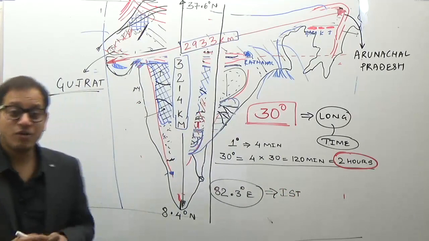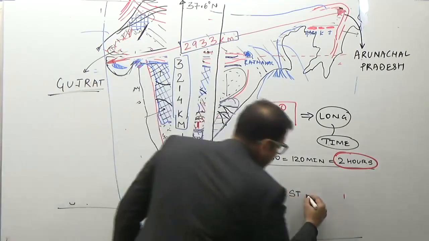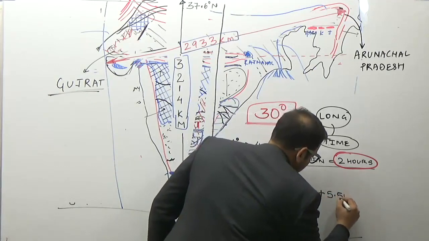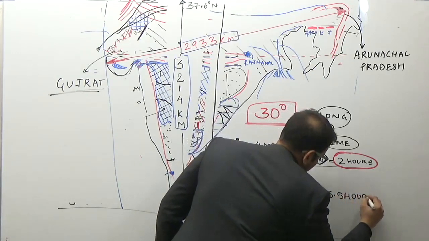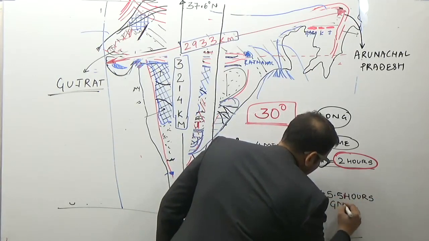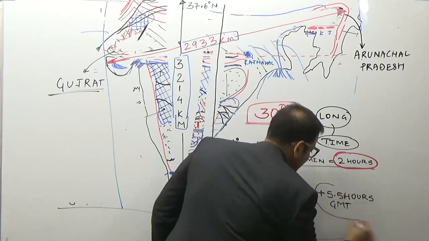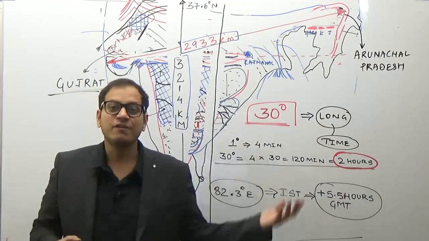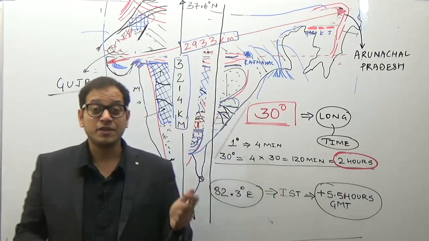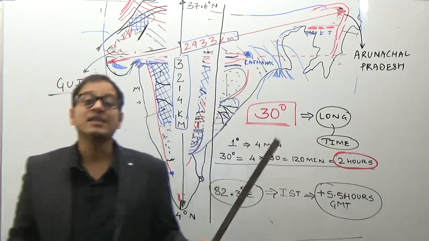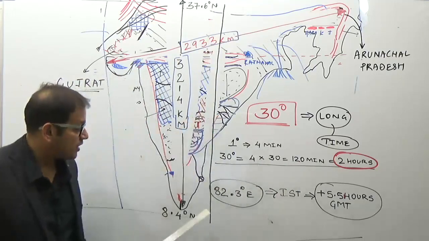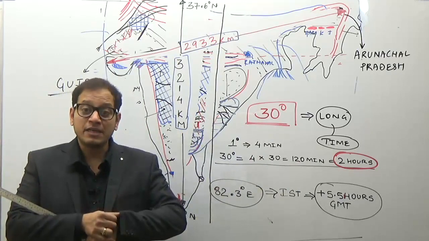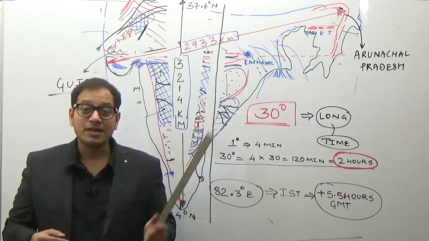The Indian Standard Time is 5.5 hours ahead of Greenwich Mean Time or World Time. So if it's 1 o'clock in London, our clocks on the basis of this 82.5 degree east are 1 plus 5.5, that is 6.5.